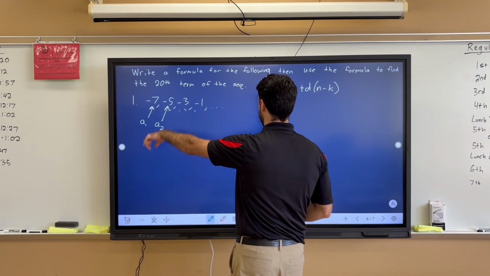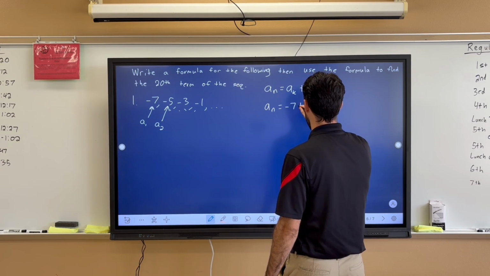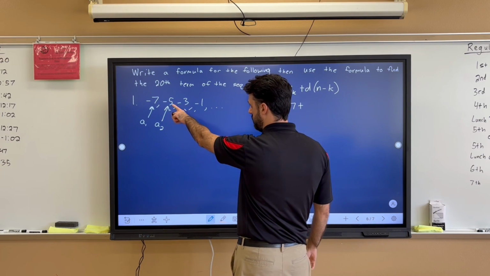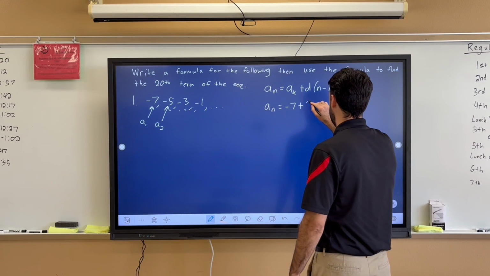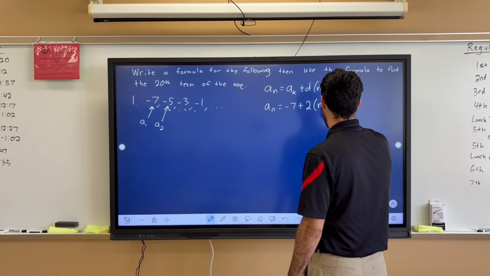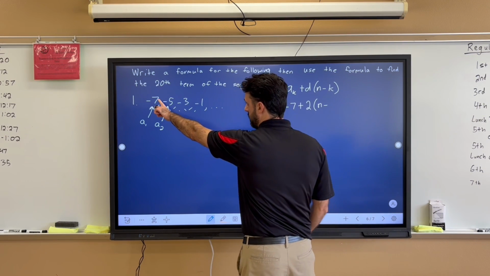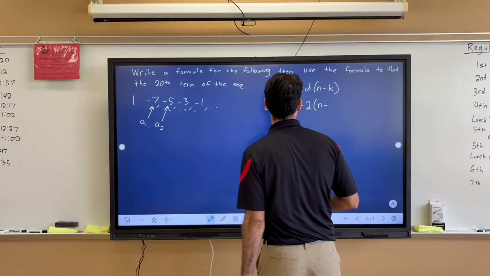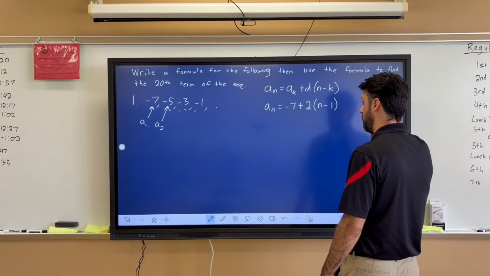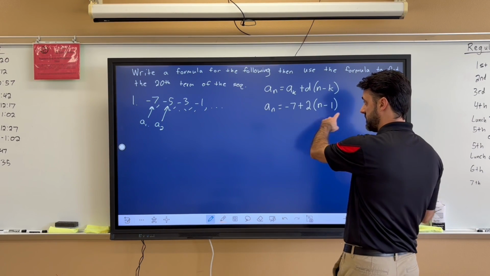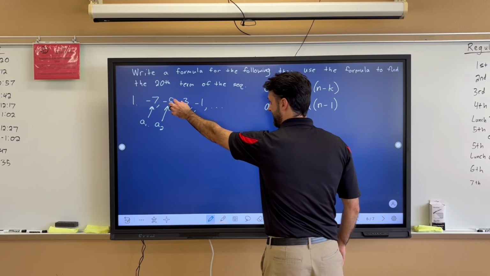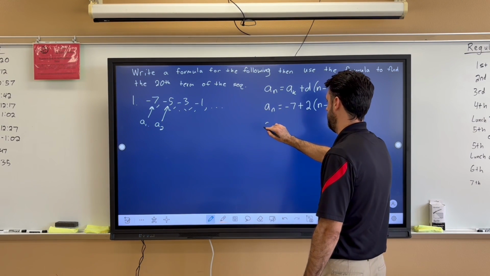So the first term is negative 7, plus we're adding 2 each time, so the difference is 2. And then multiplied by n minus. Because we chose the first term, that means k is 1. So n minus 1. So this equation works. If I had chosen the second term right here, it would just say this.